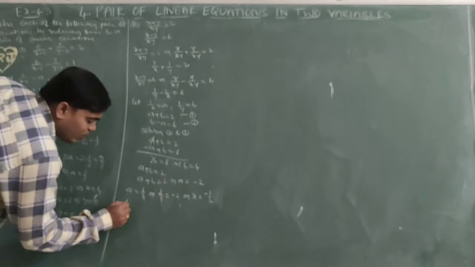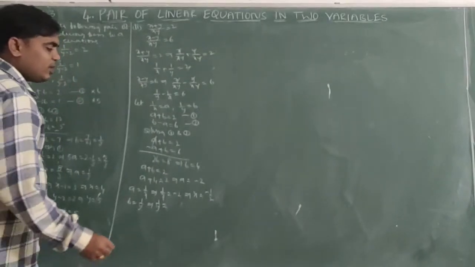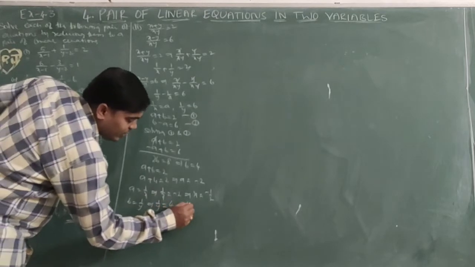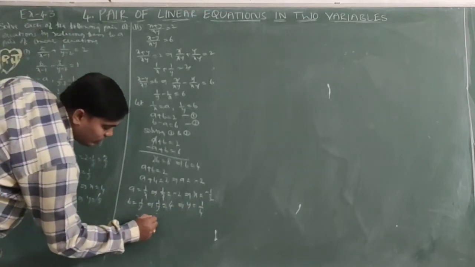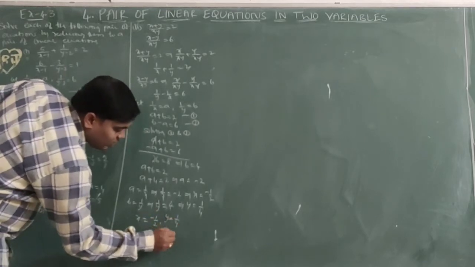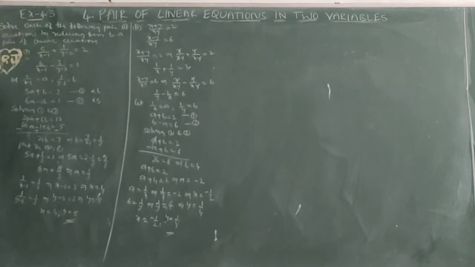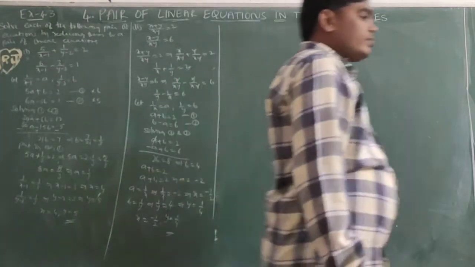Next, b equal to 1 by y implies 1 by y equal to 4, so y equal to 1 by 4. Therefore, x equal to minus 1 by 2, y equal to 1 by 4. So this is the required solution. Next question.